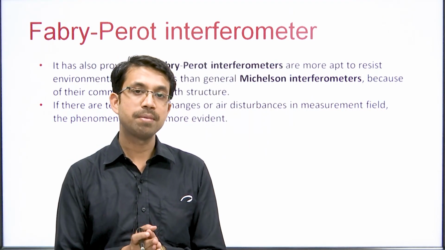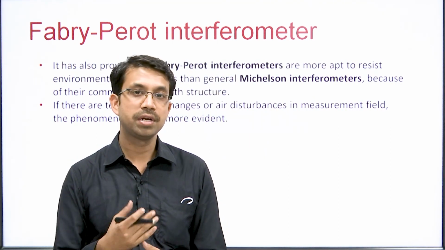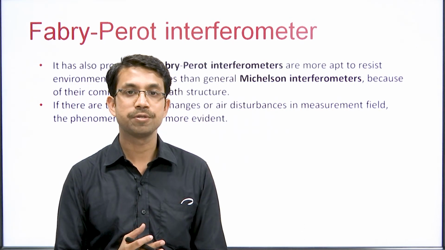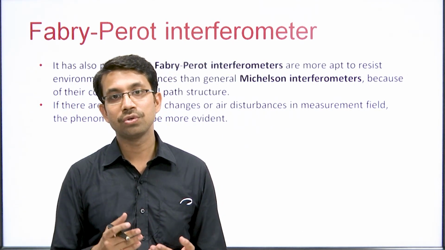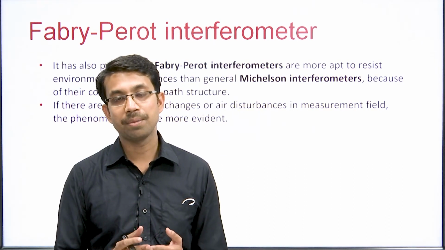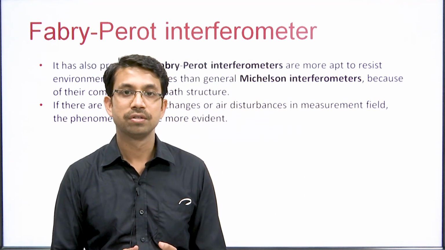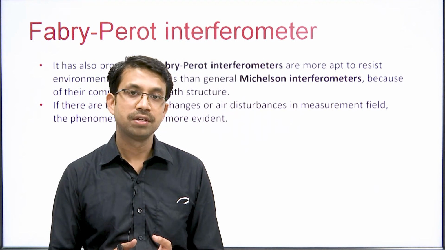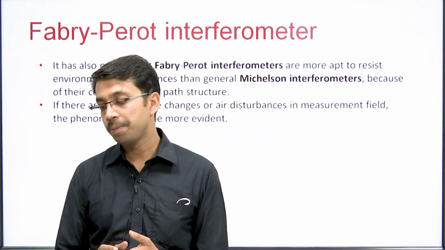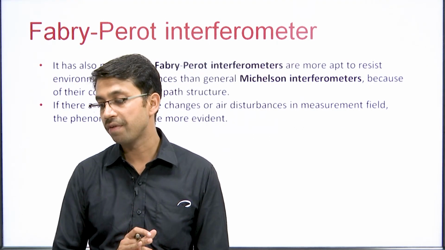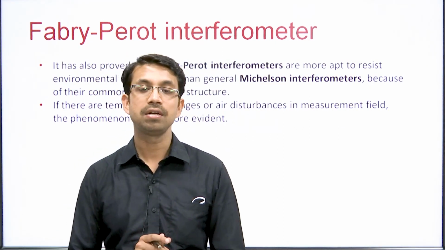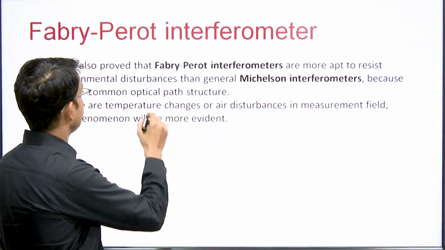But in Fabry-Perot interferometer, all the rays experience the same environmental conditions. Okay. So, due to this, the pattern is more correct. This is why we say that Fabry-Perot interferometer is more resistant to environmental disturbances than Michelson interferometer.